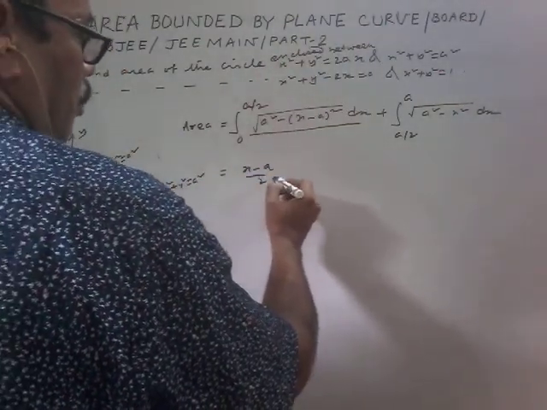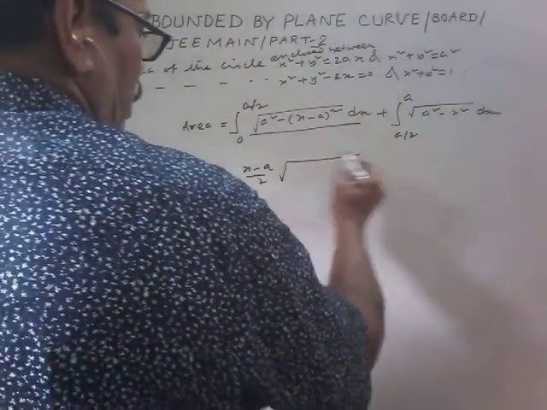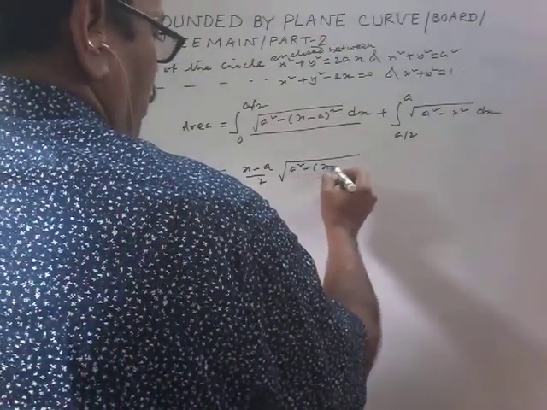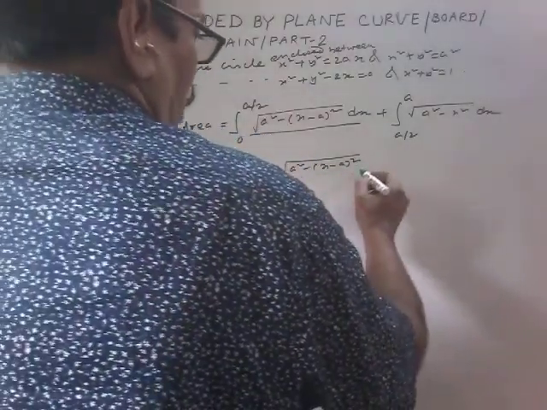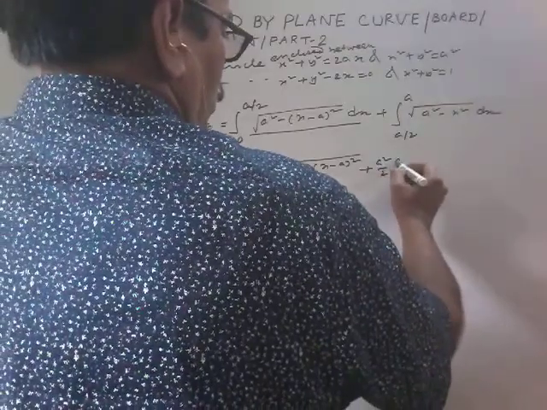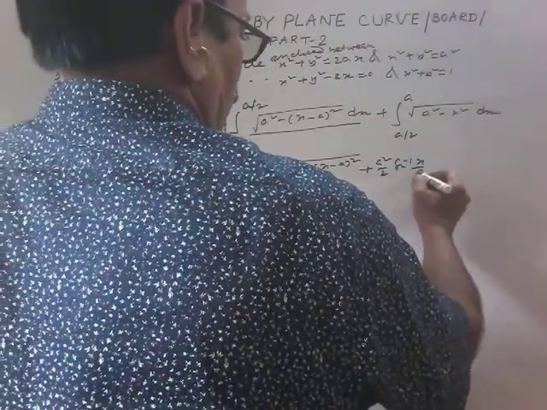x minus a by 2, root over a square minus x minus a whole square, plus a square by 2 sine inverse x by a.